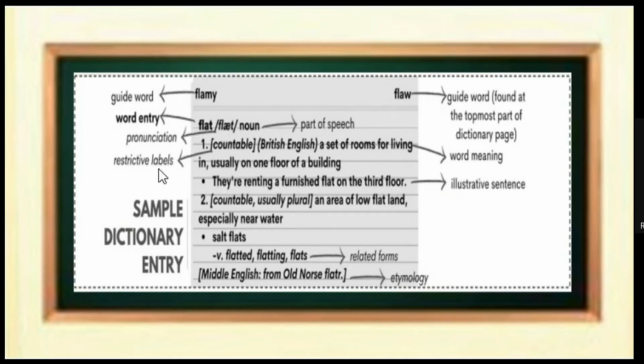Pronunciation is also written there. Restrictive label is written there. We have countable and British. Then we have the meaning of the word. Sometimes we have illustrative sentences, meaning we are given sample sentences as to how we are going to use the word in a sentence. Okay? So those are things that you should know about the dictionary.